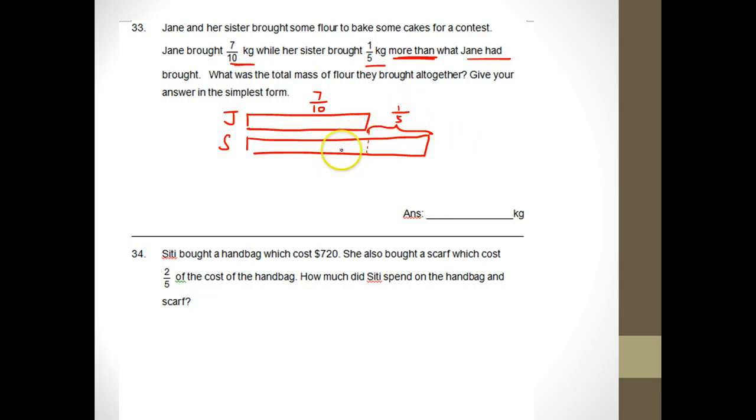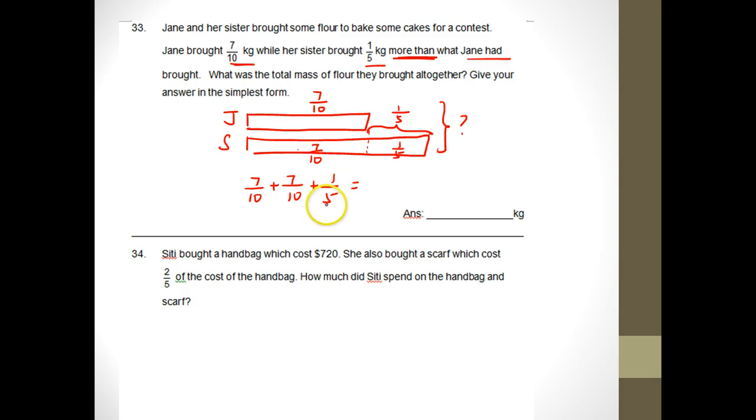What was the total mass of flour they brought all together? So this is 7/10. This is 1/5. So I take 7/10 plus 7/10 plus 1/5.